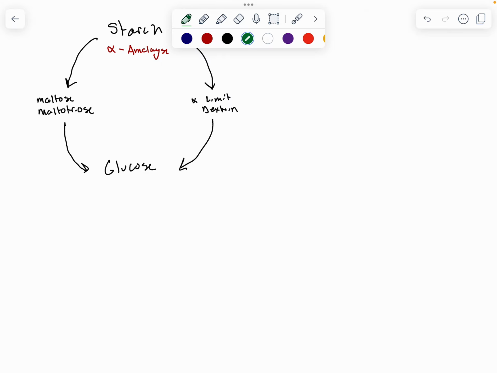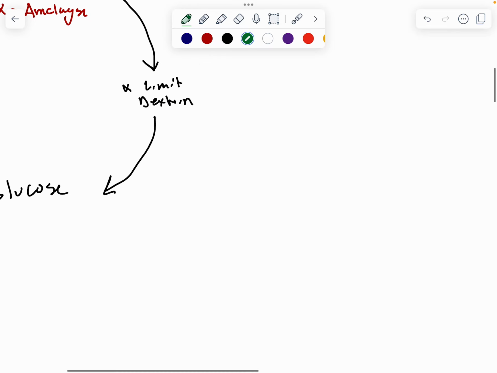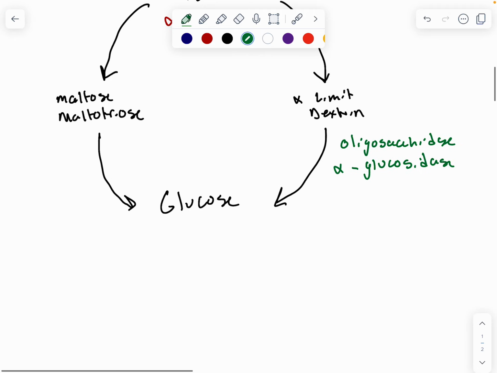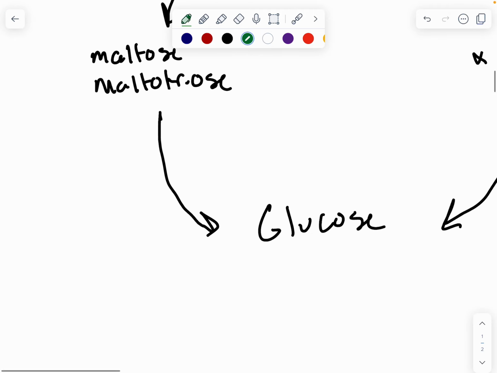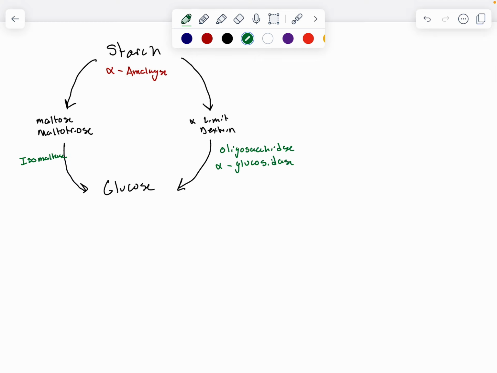However, these intermediate steps are acted on by different enzymes. Over here on the alpha limit dextrin, you're going to have oligosaccharidase and alpha glucosidase acting upon it. And then over here on the maltose and maltotriose side, pretty simple to remember, we have isomaltase interacting with maltose and maltotriose.